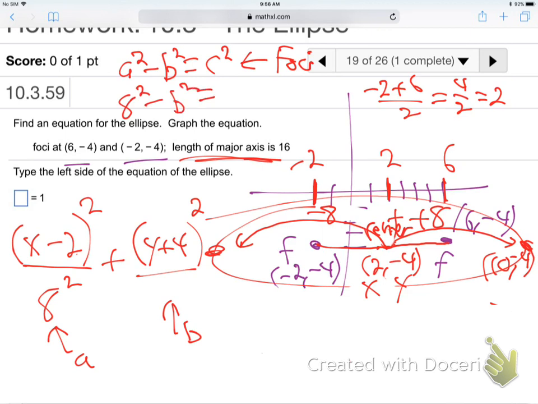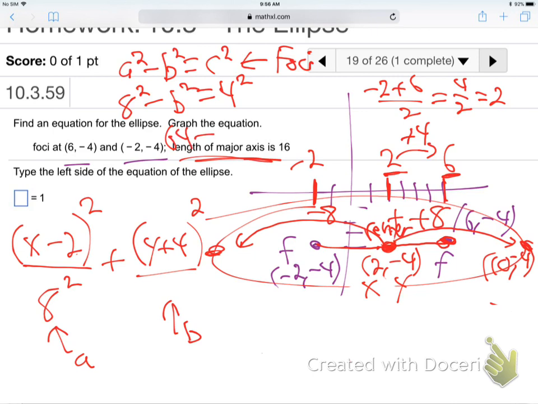What is c in this problem? What is c always? How far to the focus point from the center? So from the center to the focus point is at 6, center's at 2. From 2 to 6 is 4. 4 squared. Like that. Am I good?